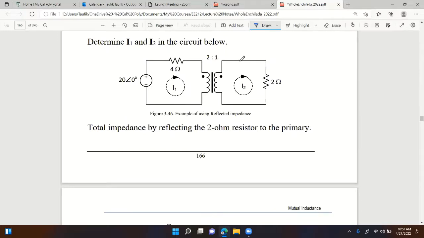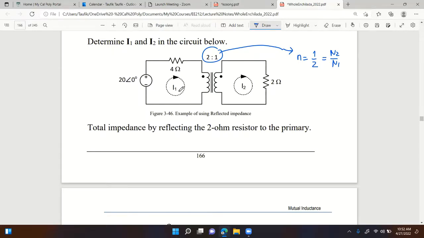Determine I1 and I2 in the circuit below. So I have a circuit with an ideal transformer with a turns ratio of 1 to 2, so the turns ratio here is 1/2, N2 over N1. And you can see that on the primary side, I assume that current direction is clockwise.